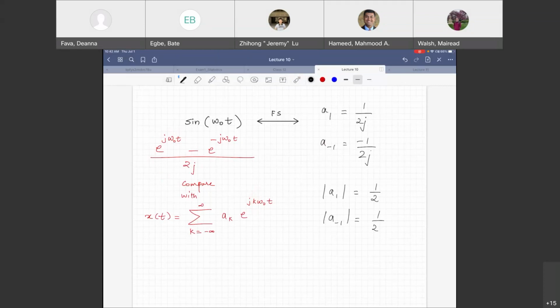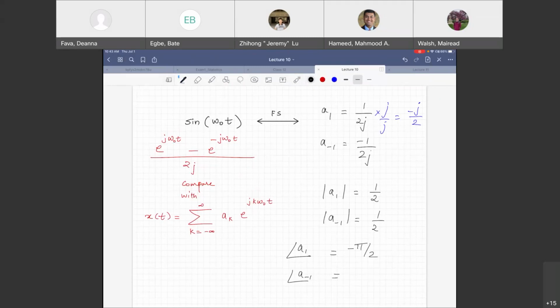How about the phase? Phase of A1 and phase of A minus 1. 1 over 2j: multiply and divide by j, you get negative j over 2. So you got negative 90 degrees for this one, negative pi over 2.